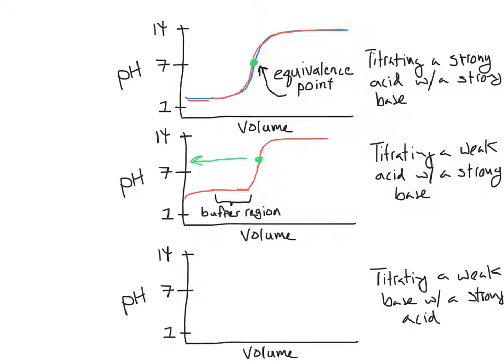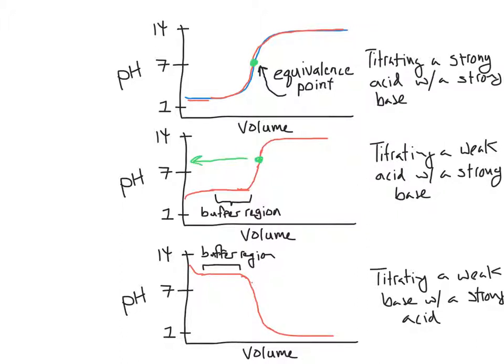In the final example, we're titrating a weak base with a strong acid. Here, the titration curve will start out basic, pass through a buffer region, and then the pH will drop dramatically as you add more of the strong acid until it eventually turns over and plateaus at a very acidic pH.